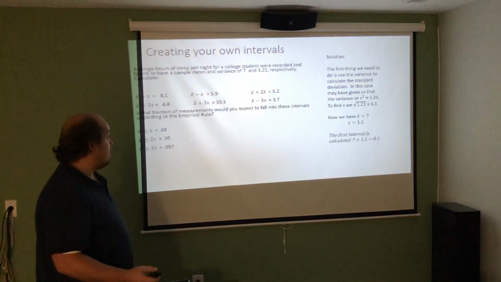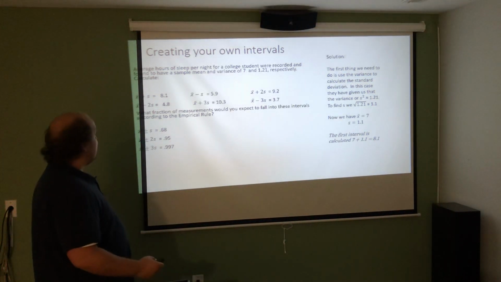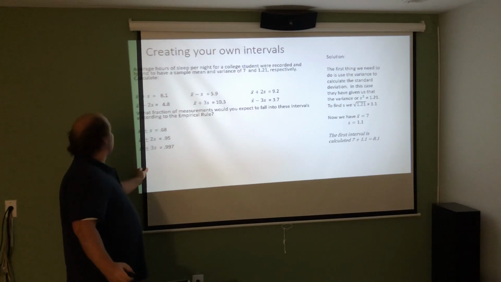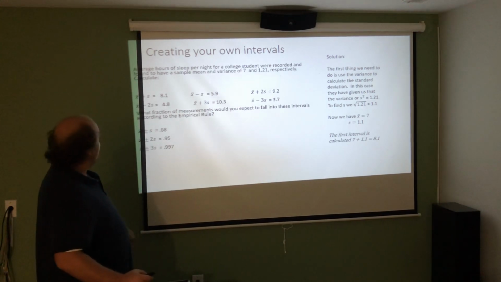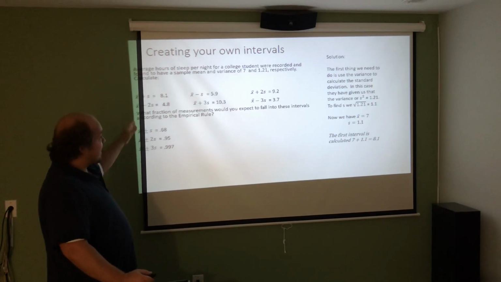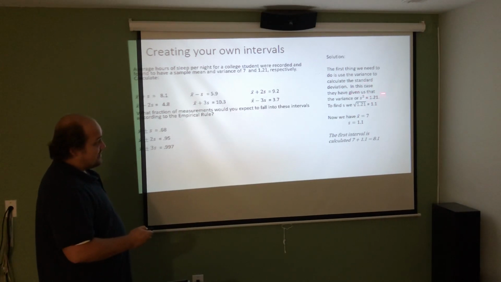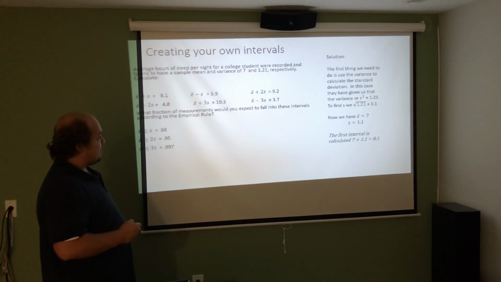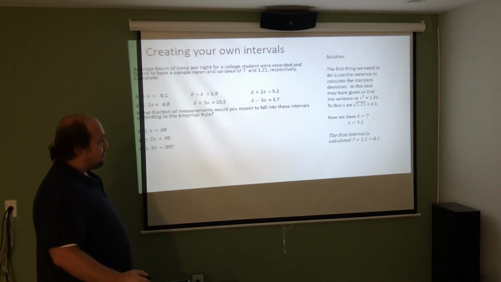This is showing all of those things. I'm sorry that it's kind of off to the side there, apologies. But basically, I take x bar minus s, as long as I took the variance s squared equals 1.21 and took its square root. I'm adding together 7 plus 1.1 to get 8.1, minus s 5.9, plus 2s gives me 9.2, minus 2s 4.8, plus 3s 10.3, minus 3s 3.7.